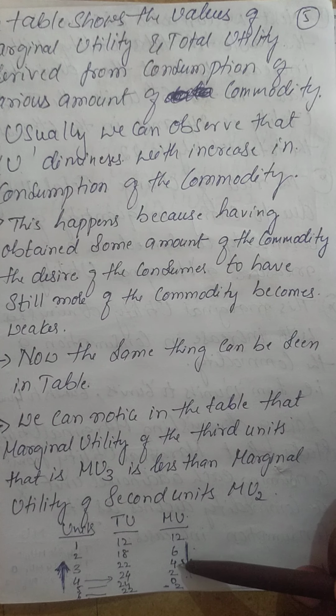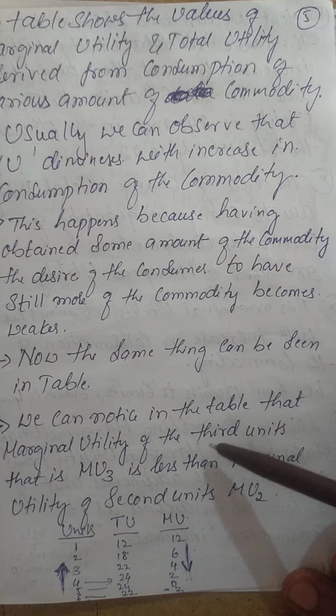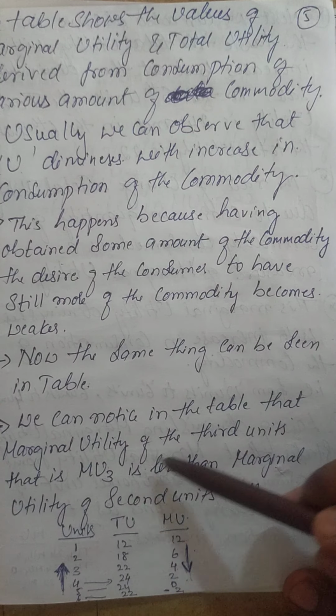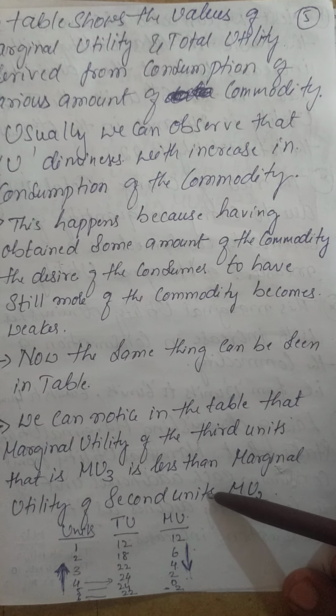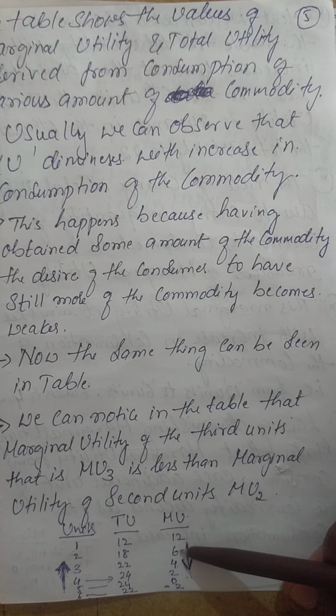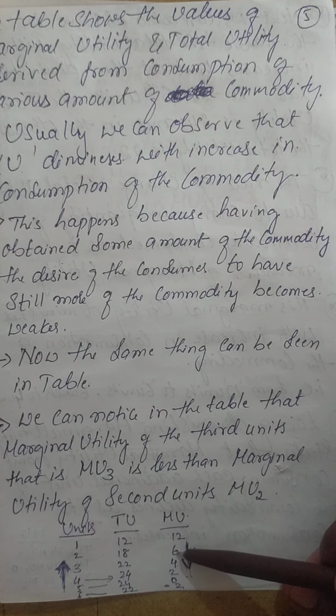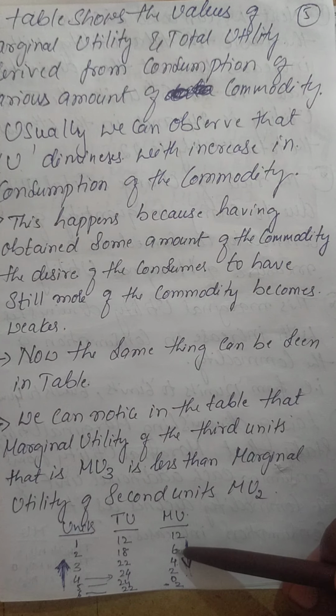So is MU3 greater or lesser than MU2? Observe here: the MU3 of the third unit is lesser than the second unit. So the second unit is greater than the third unit. That means he got satisfied in the second unit and is not as satisfied in the third as he was in the second unit.